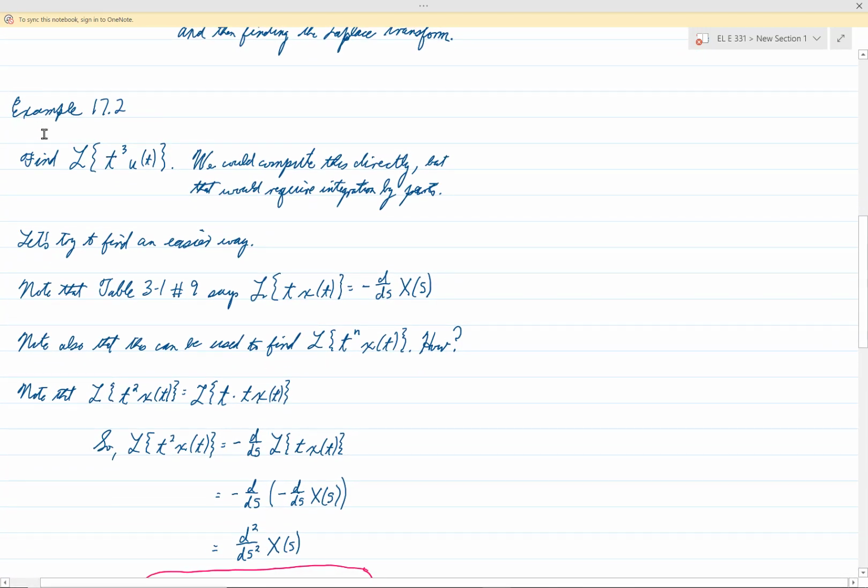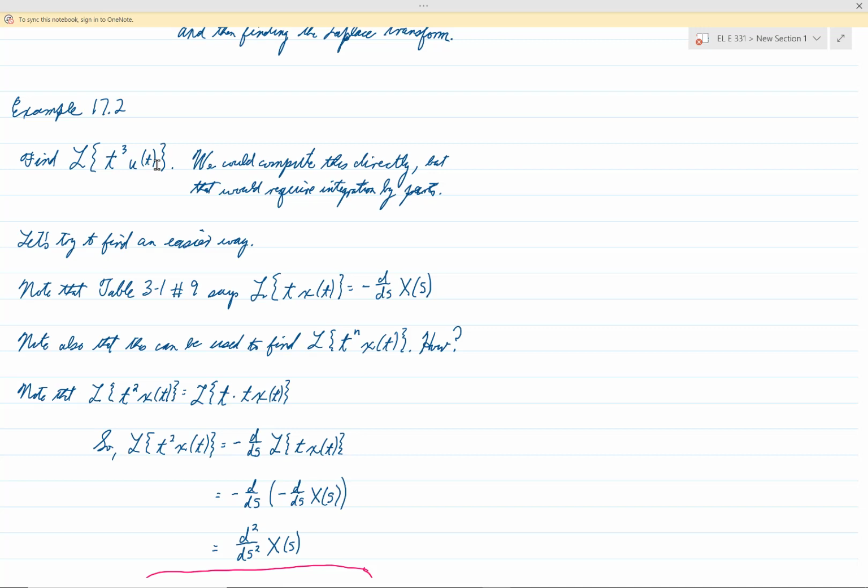Okay, example 17.2. Let's find the Laplace transform of t cubed u of t. Now, this one too is a problem where we could do it in a couple of different ways. We could just go ahead and evaluate this directly. We could plug in t cubed u of t into the formula for computing the Laplace transform.